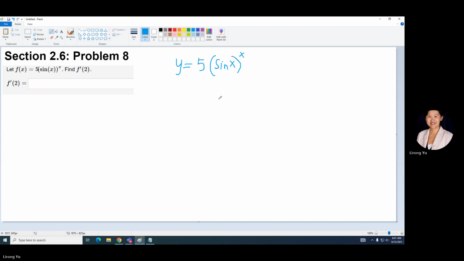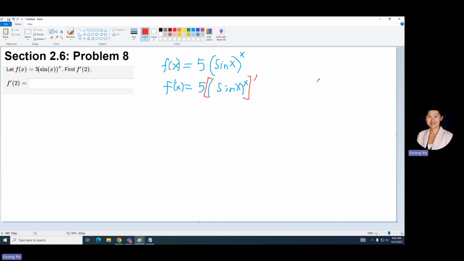I'm trying not to take the 5 with us everywhere, because when we take the left side and the right side, the 5 will make things longer. So if f is defined like this, then f prime of x is equal to 5 times the derivative of sine of x to the power x, this term's derivative.